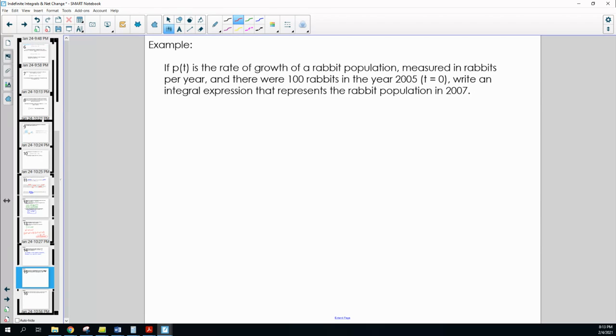So if T equals 0 is 2005, that means 2007 is going to be T equals 2. So I'm going to find P of 2, which is going to be P of 0, which is what I started with, plus the integral from 0 where I'm starting to 2 where I'm ending of P of T dt.